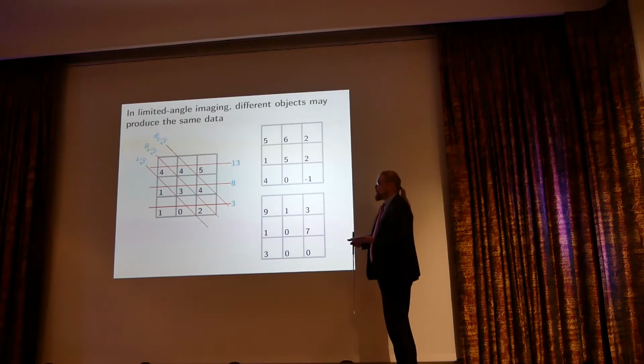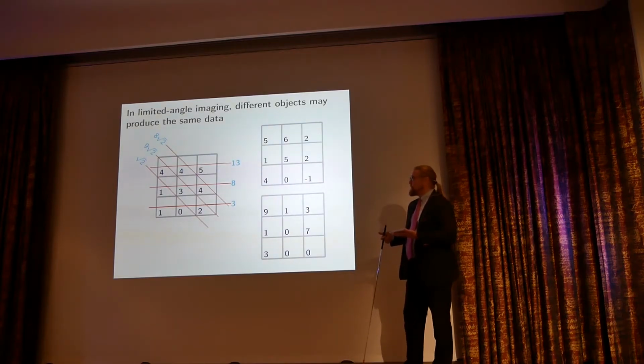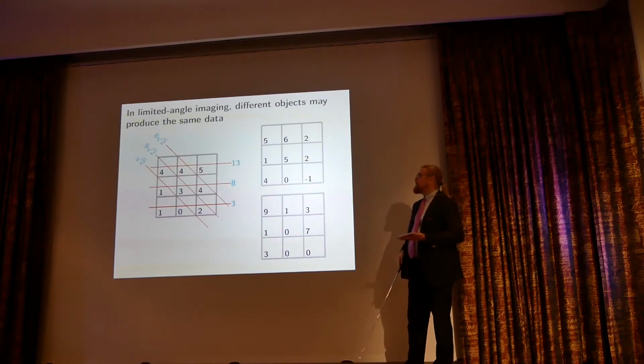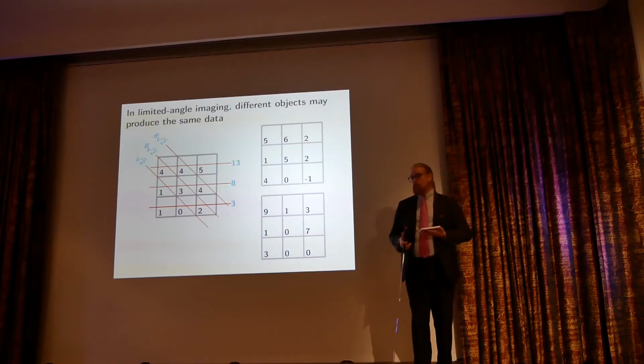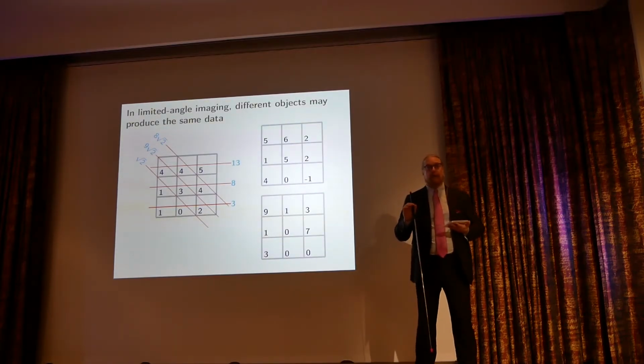So we need to teach the computer some systematic way of choosing among all these candidates. One simple thing is non-negativity constraint. We cannot have negative numbers because physics tells us that this means that inside this square the X-ray would get stronger instead of getting weaker.